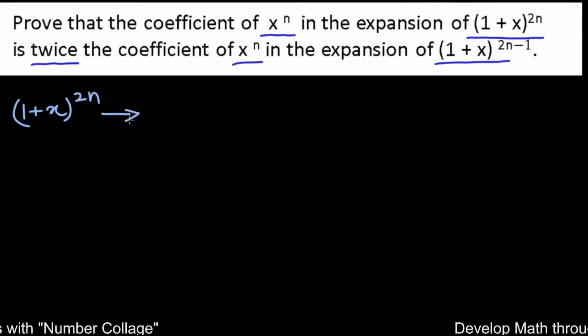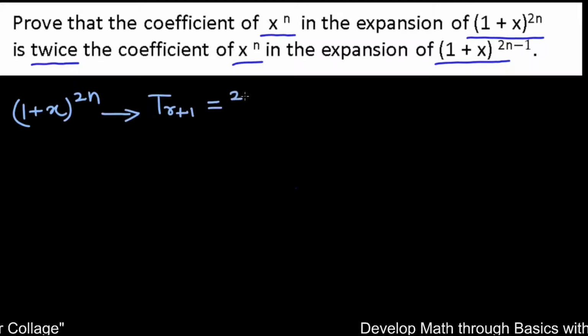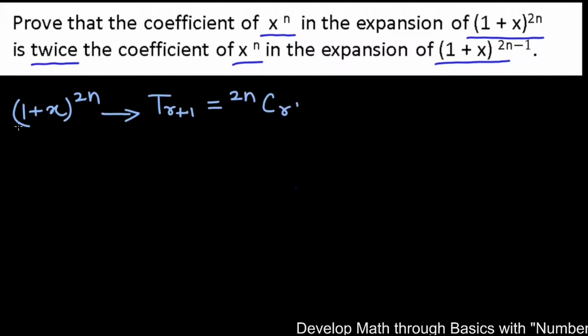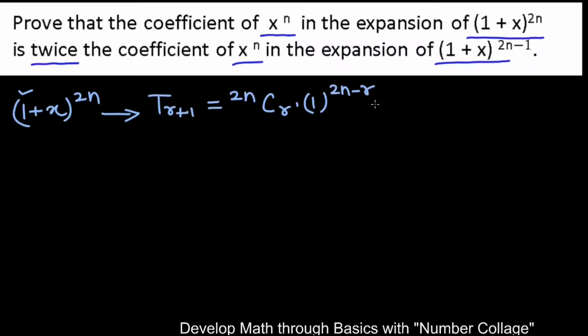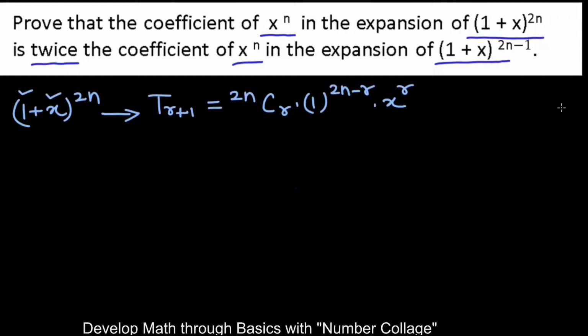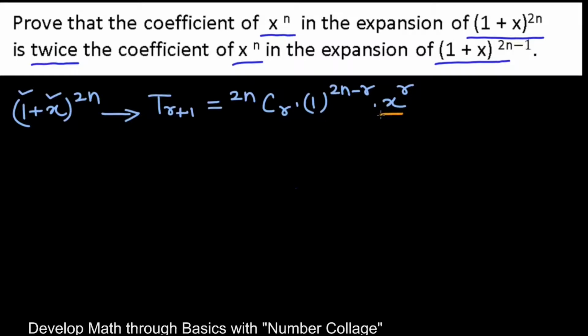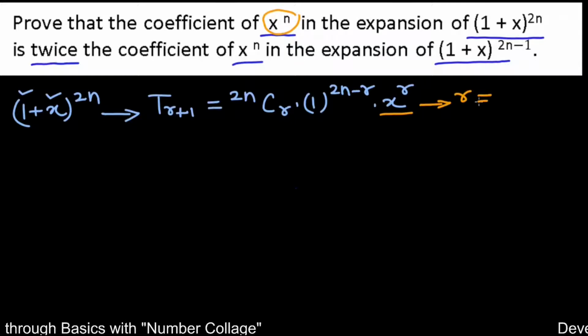The general term T(r plus 1) will be 2n C r into 1 raised to 2n minus r into x raised to r. We can compare this x raised to r with x raised to n, so that gives us r equals n.